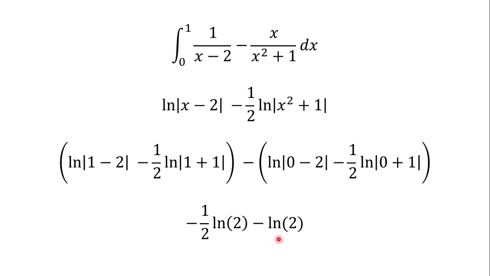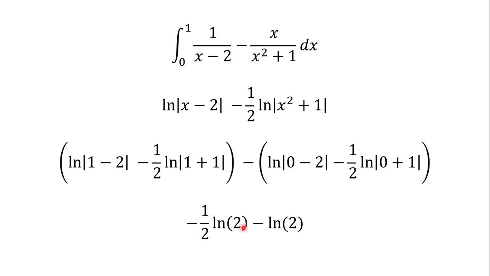Here, this and this are the same, so that means we can subtract their coefficients. What is their coefficient? Here is minus 1, and this one too is minus half. So minus half minus 1 gives us, that is 2 by minus 1 gives us minus 2, minus 2 minus 1 will give us minus 3.